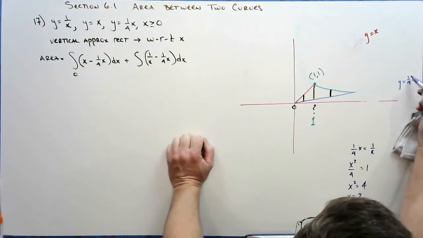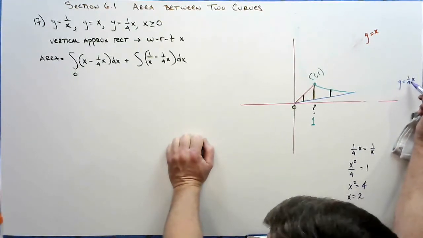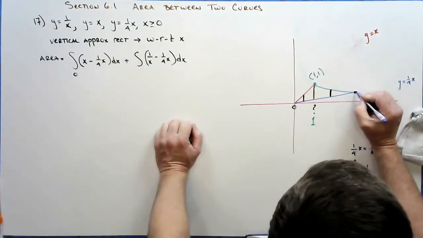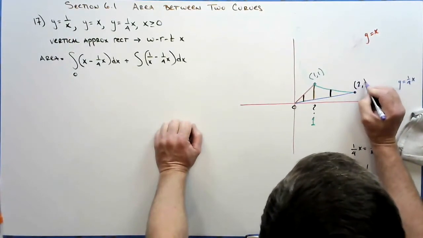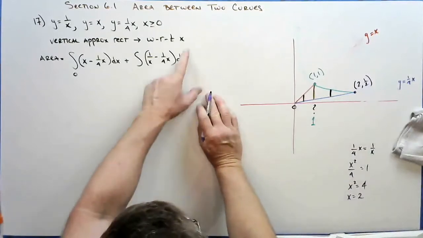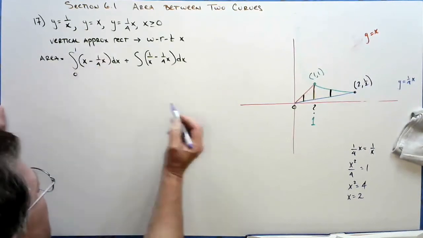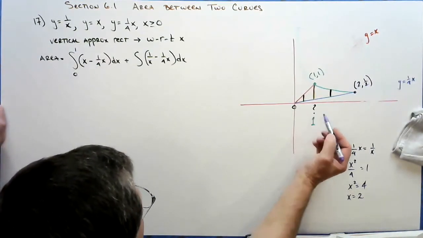Or we could have just plugged it in. 2 divided by 4, a half. Plug 2 into here, you get a half. So this is the point 2, 1/2. Now, because we're integrating with respect to x, we don't care about the y values. So we know the first integral goes from 0 to 1, and then the second integral goes from 1 to 2.